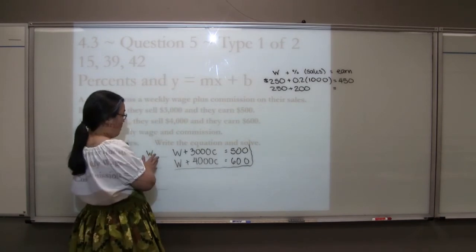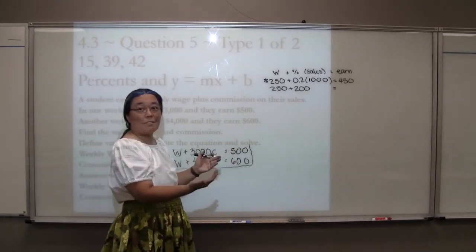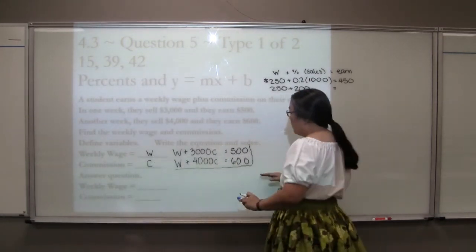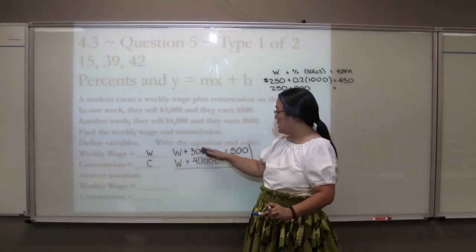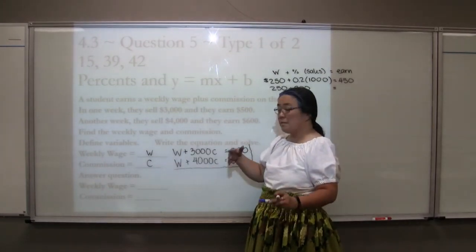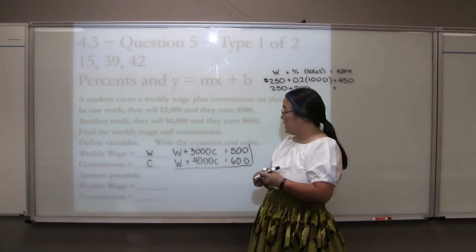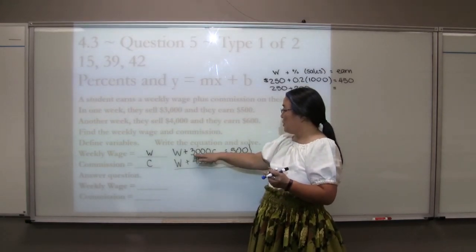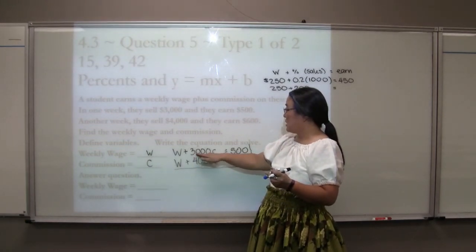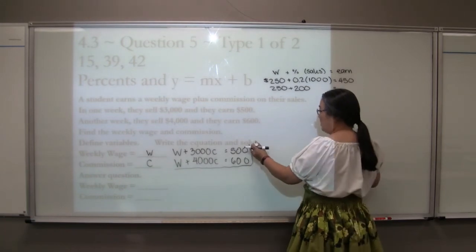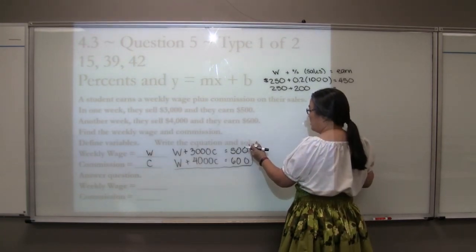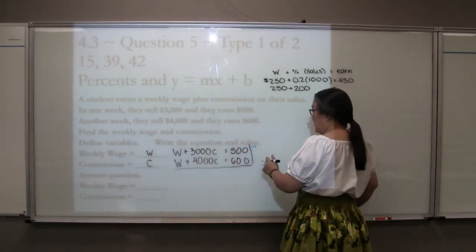That right there. We have our variables, we have our equations, that's half of our grade. Right there, we want to make sure that one of these is negative, because we have two positive W's and we want to use elimination, we want to get rid of one of those. Would you rather do 3,000 minus 4,000 or 4,000 minus 3,000? I'd rather have the larger one be positive, so I'm going to multiply everything on the top by a negative.